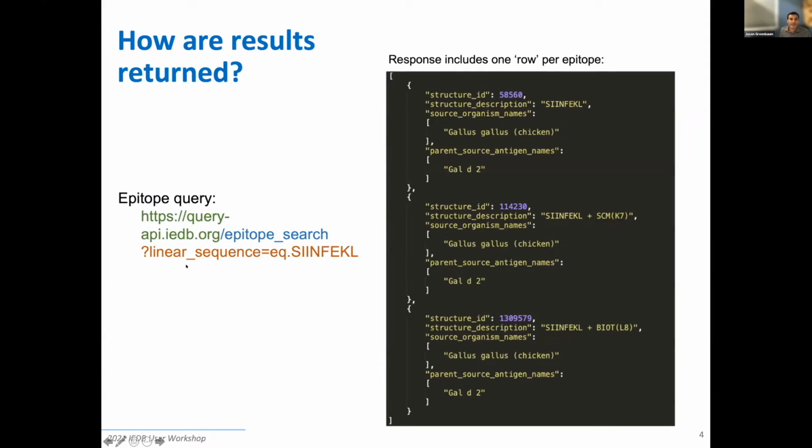So you will get a JSON response back. And since we queried the epitope table, we're going to get back one row or one record per epitope. So you can see here, there were 3 records returned from this query. And the fields that are returned are consistent between these records. The actual data that's in the fields is not the same, but the structure of those records is consistent.